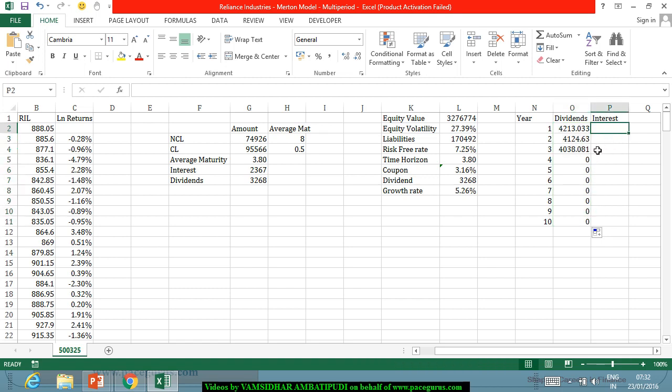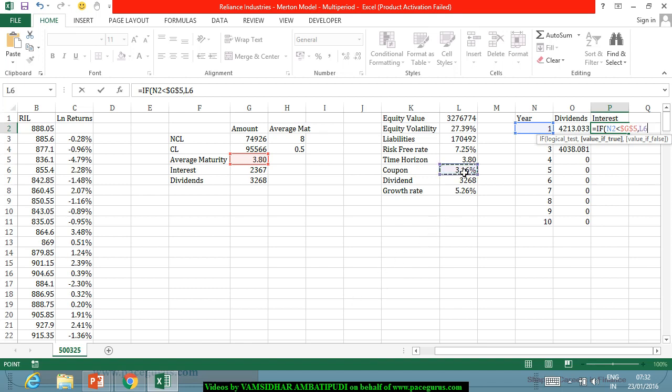The same logic I can put for interest as well. If this particular year is less than the average maturity period that we are considering, I'm looking at the coupon that I'm going to get. This is the coupon that I'm going to get, multiplied by the value of the liabilities, which is the interest that I've got altogether. So I can take the liabilities amount.